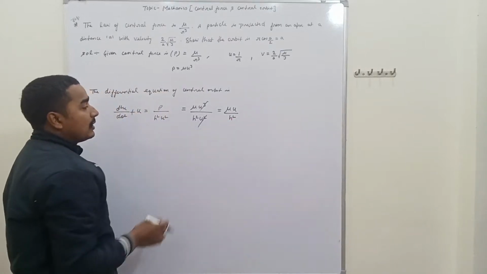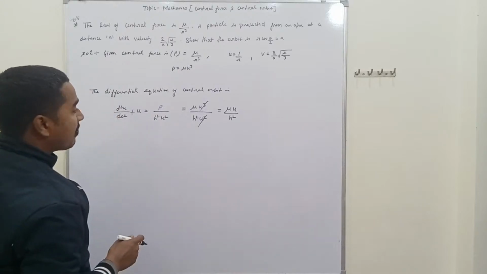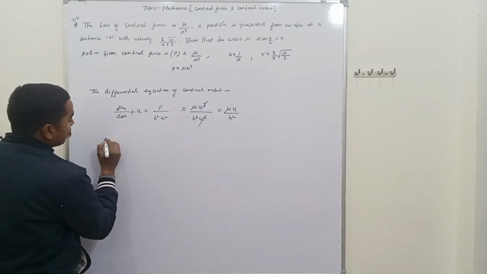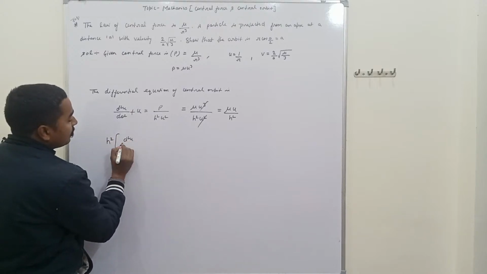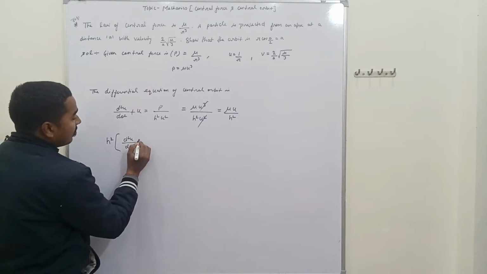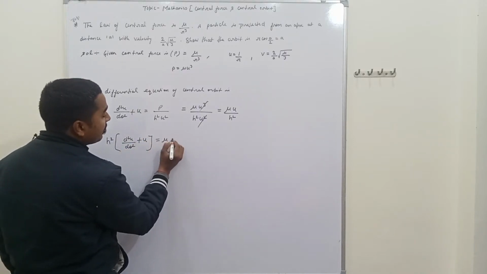Cross multiplying, we can write h square bracket d2u upon d theta square plus u is equal to mu into u.